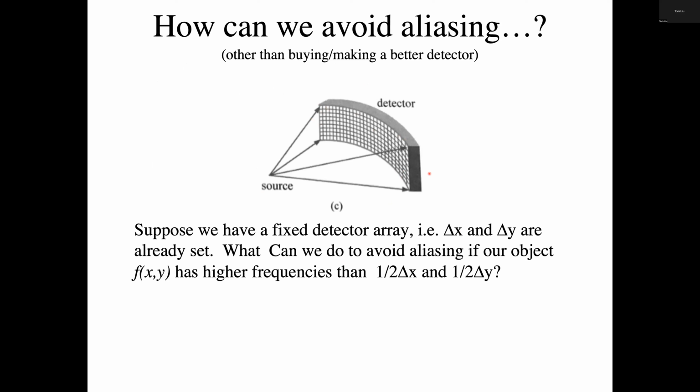It's sort of a fixed rate. What we can do is filter our signal such that higher spatial frequencies get filtered out before they hit the detector. That way we know that inside our sampling scheme, we don't have this aliasing, because the signal that hit the detector has already been filtered.